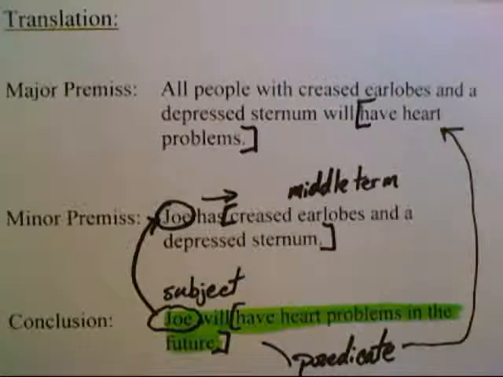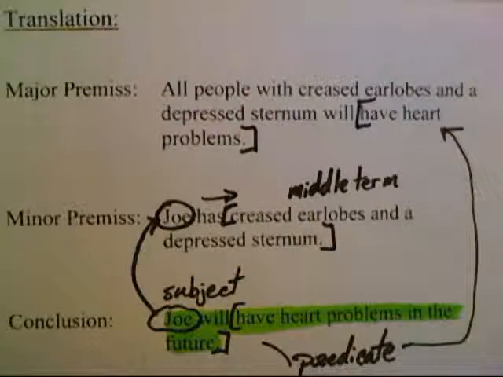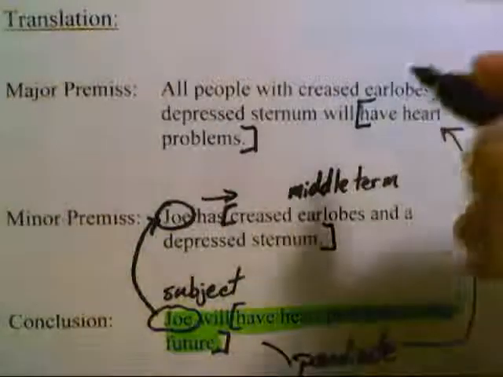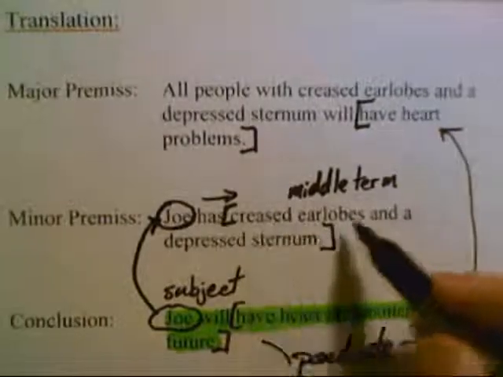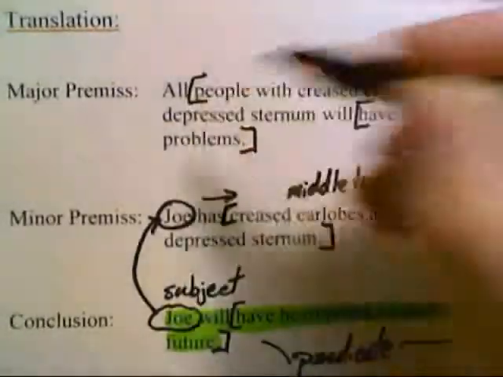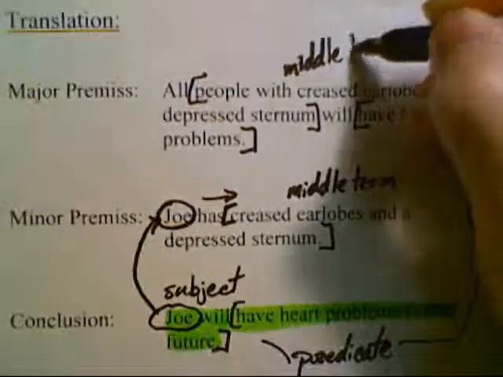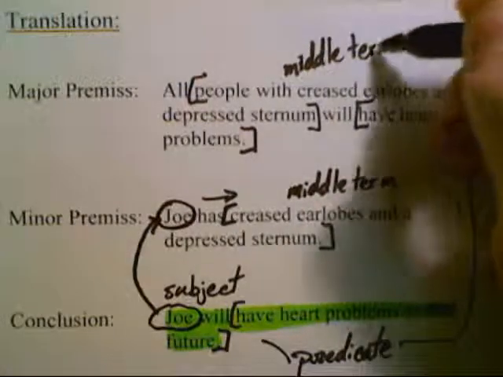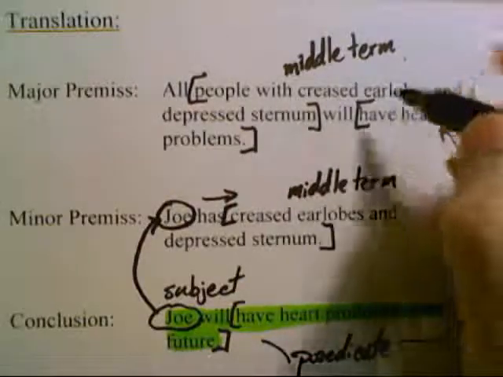So you're going to notice that from the conclusion, we go up to the major premise. This idea of having heart problems is actually our predicate. So predicate is always identified in the major premise, subject is always what appears in the minor premise. And the middle term, again, was people having creased earlobes and a depressed sternum.